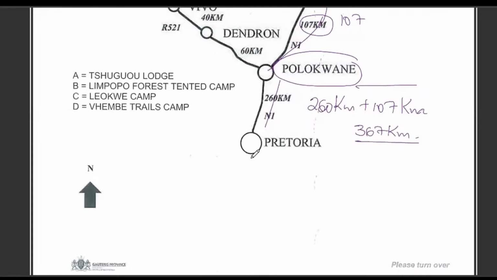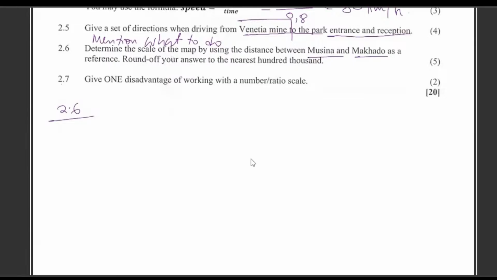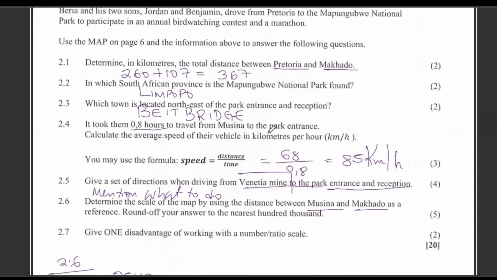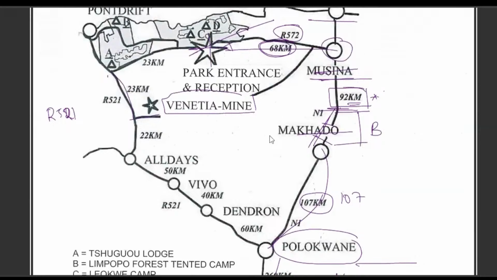So when I measured, I got the first section as 25 millimeters, and I got 19. So I ended up having the answer as 44 millimeters, simply meaning they're equivalent to 92 kilometers. These are millimeters, these are kilometers. The 92 kilometers, where am I getting it from? From here. Remember, I'm determining the scale.